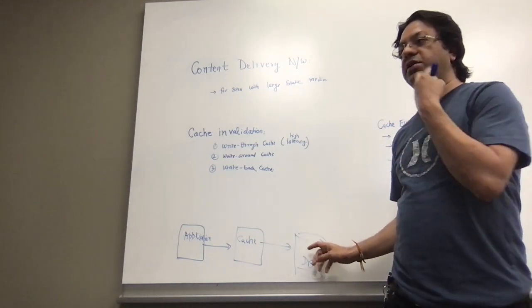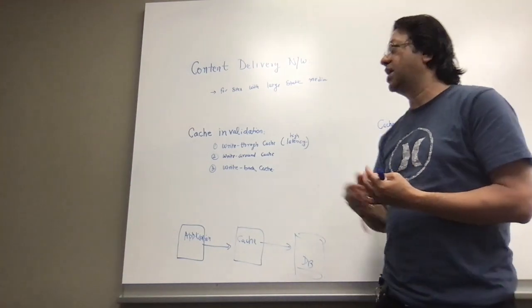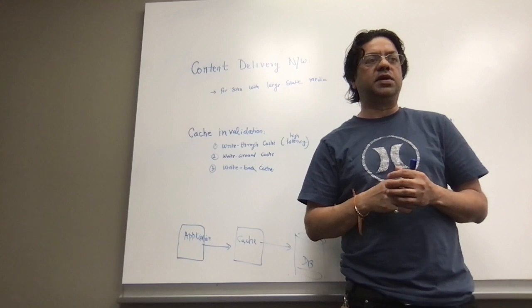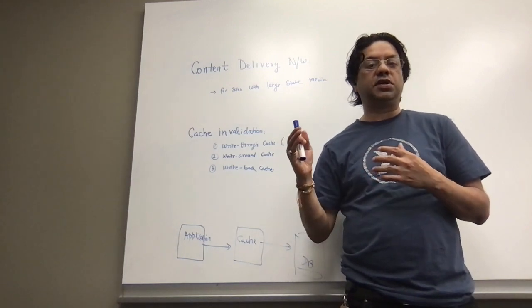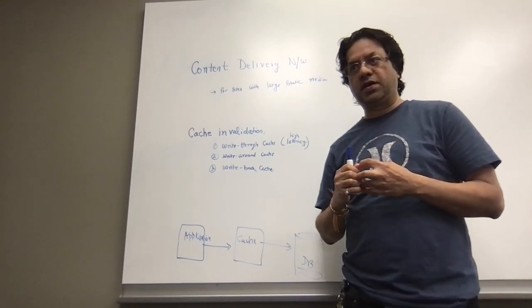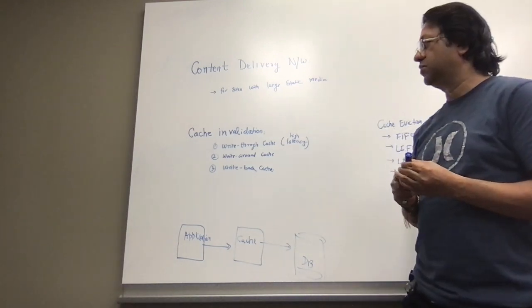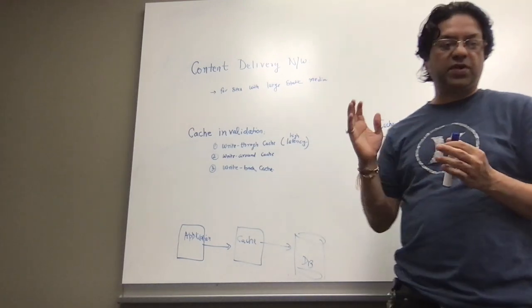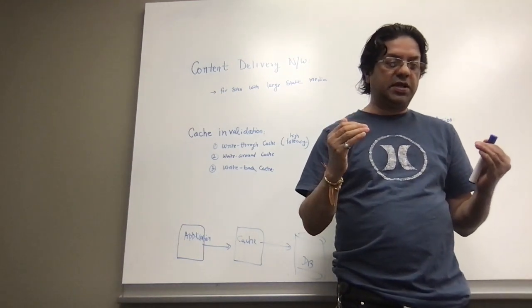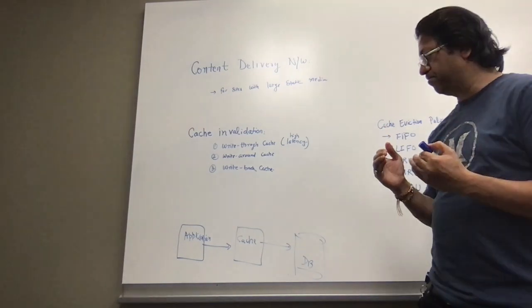You can access the data near your location. That is the idea of the content delivery network. There are a lot of third party companies that provide this service, like Akamai and CloudFront, I guess.